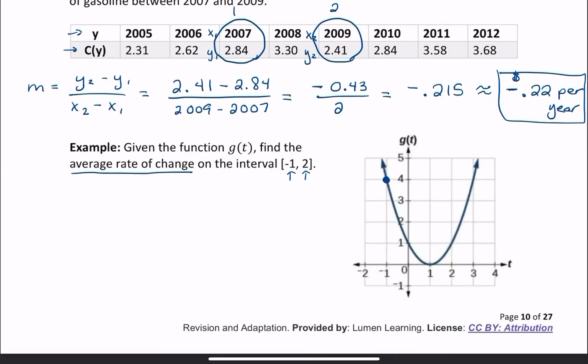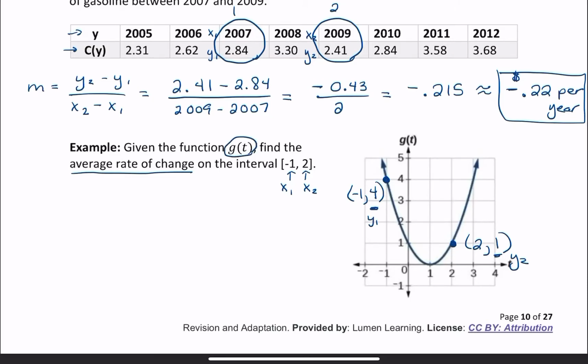So I'm talking about that point. So that gives me 2 points. I have one at -1, 4, and the other point is at 2, 1. So these are my x coordinates, my x1 and x2. And then the corresponding y's are my y1 and y2.